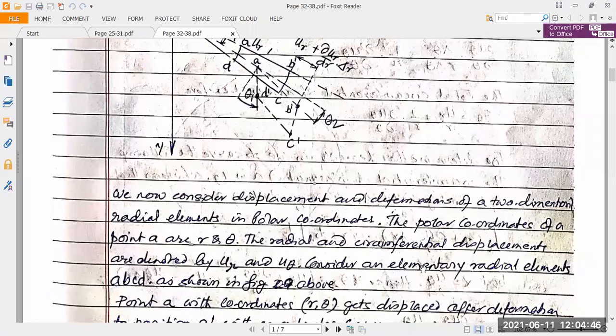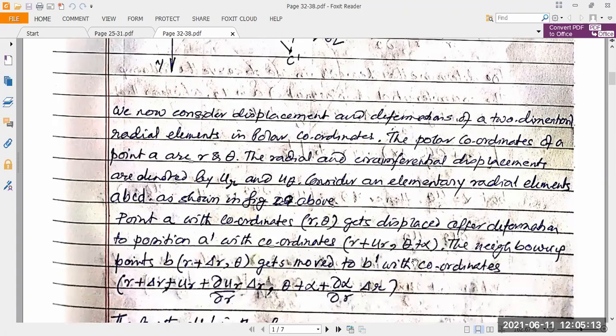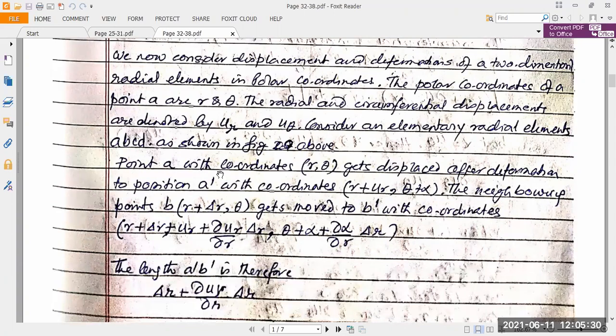If there is any change in the displacement of a particular point, along the radius it will be ur, and along the circumference it will be u theta. Now, a point with polar coordinates r and theta gets displaced by deformation to position A dash.